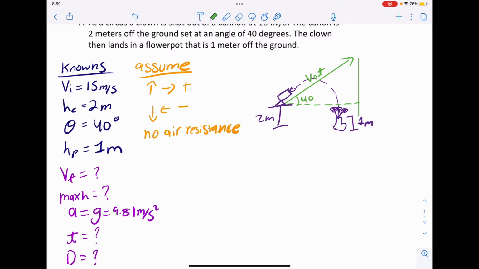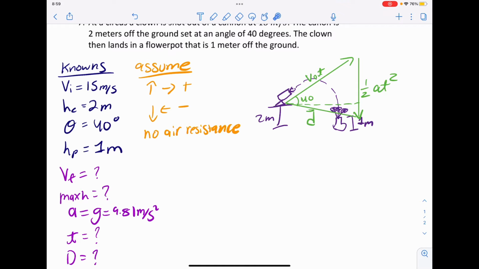If our displacement vector starts from the cannon and ends at the flower pot, this is our entire displacement vector. That means that our half AT squared has to go all the way down, just like this. So we have the way we're initially being shot, we have from where we began to where we ended, and then we have the change, which is half AT squared.